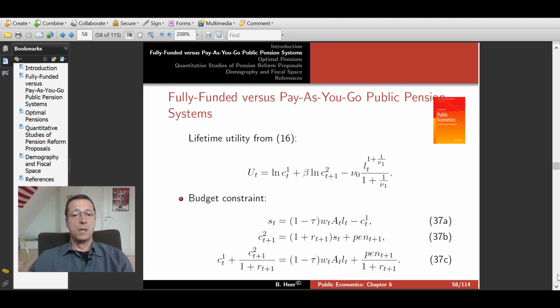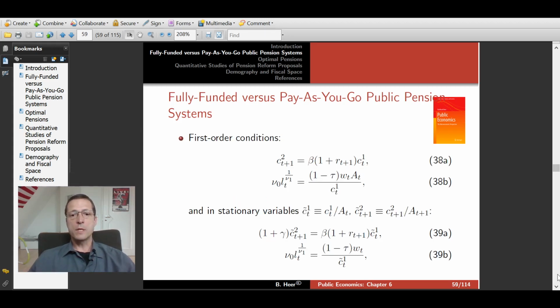And we can, of course, as we did before, just derive the first order condition, which implies the Euler equation 38a. So how should we spend income in period t?